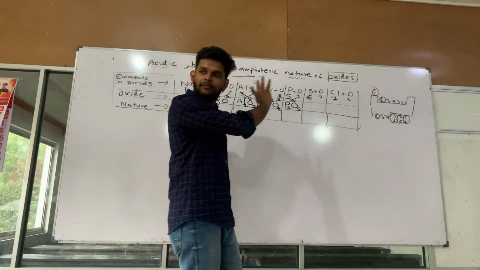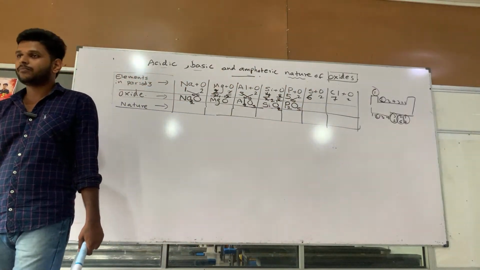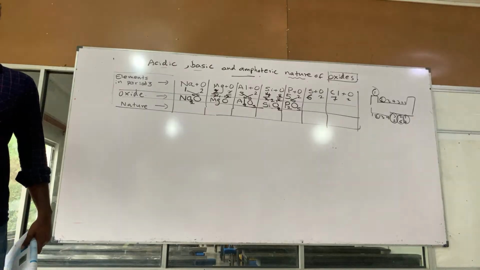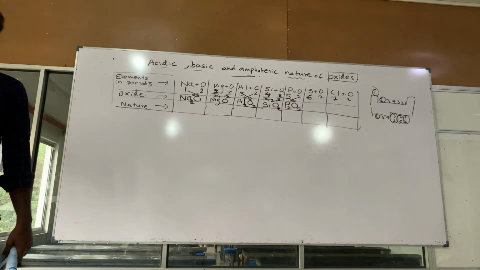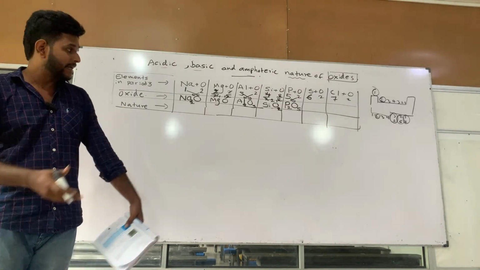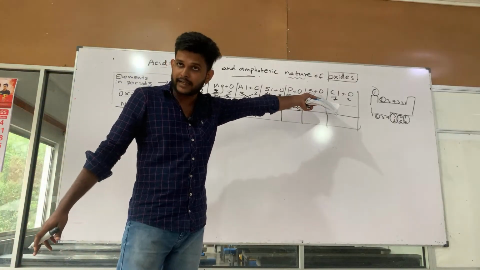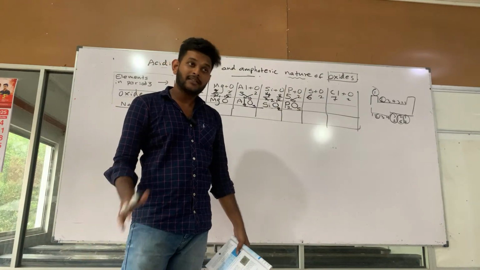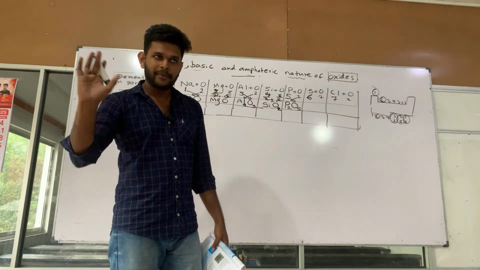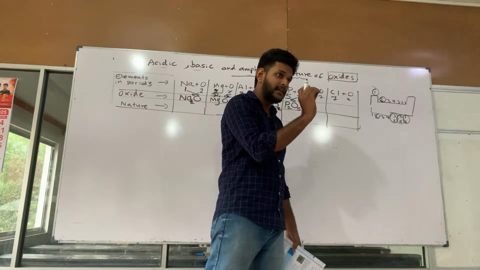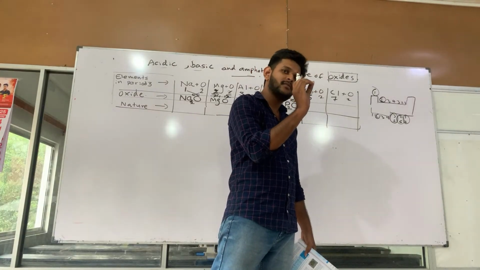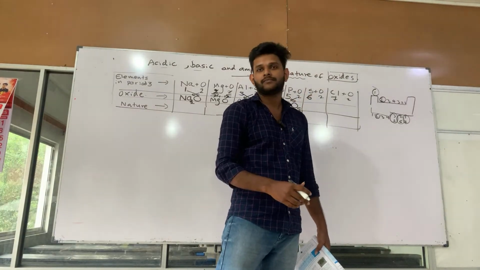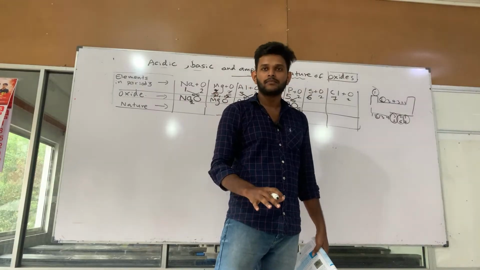But at every time chlorine is not 7. Most of the times chlorine takes 1. But here, special moment, when making oxides, chlorine takes 7. That's why I told you chemistry is with the pattern and there are some special moments. It exceeds the pattern. You have to remember both of them.